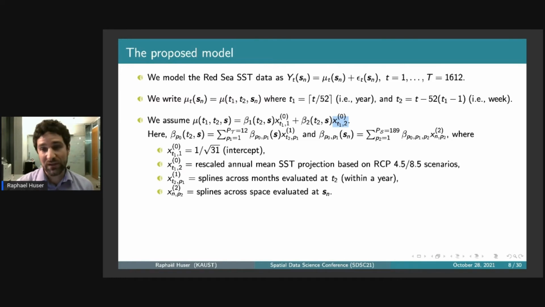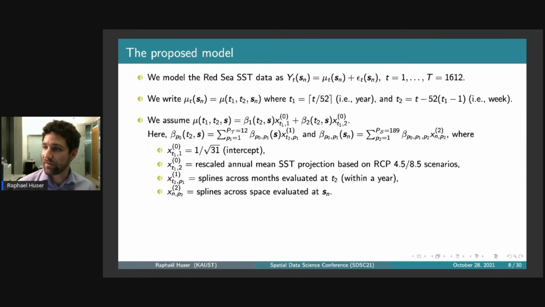And this is predicted based on a climate model that depends on some assumptions in terms of the greenhouse gas emissions. And so here we take two scenarios into consideration, which are called RCP 4.5, which is essentially business as usual, and RCP 8.5, which is a more pessimistic scenario. So that's how we model the mean.